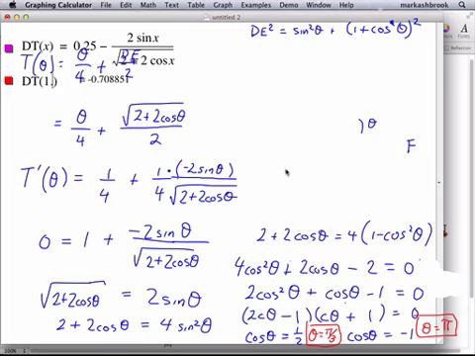Also negative. Let's see. Isn't the denominator supposed to have a 4? 4 times the square root? Thank you. Yep. Thanks. All right, so let's try that again. 1 is positive. Do I have this wrong? Minus 2 sine minus 2 cosine x.